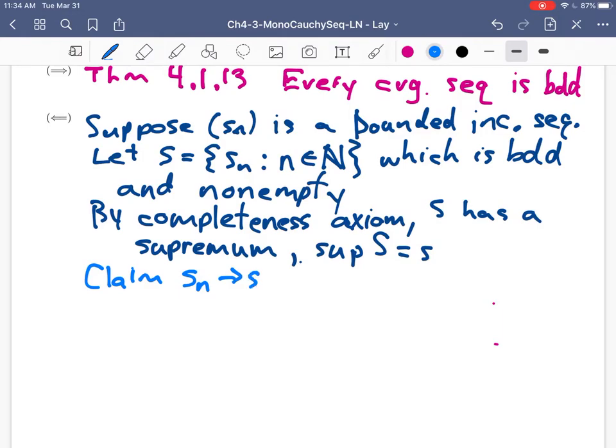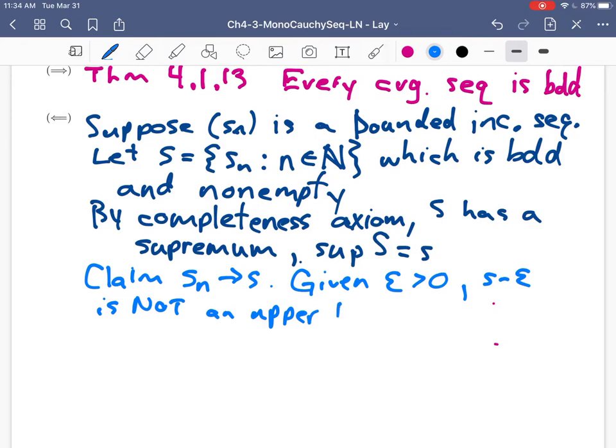So I claim that the sequence converges to S. So given epsilon greater than 0, we have S minus epsilon is not an upper bound for S.